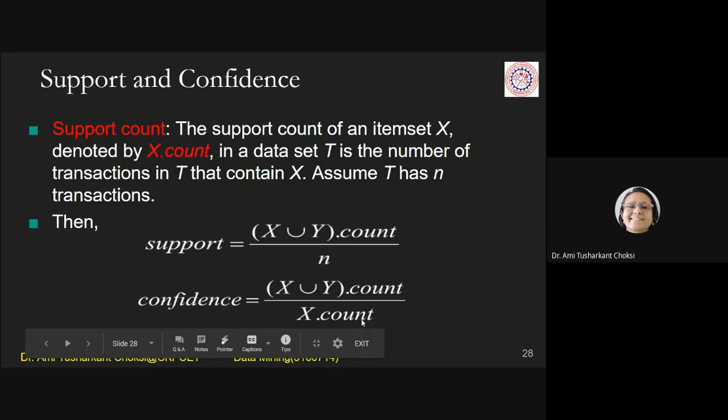If it is reverse, that is Y implies X, then we write Y dot count. So X implies Y and Y implies X are not the same.